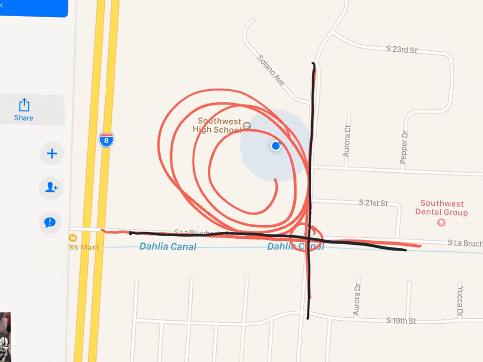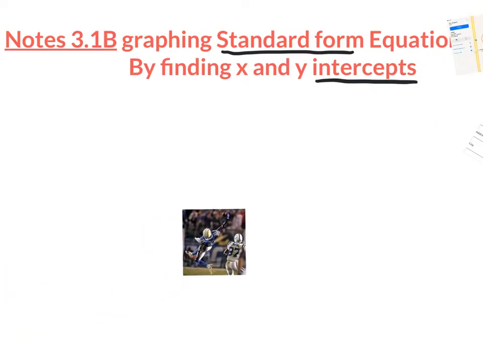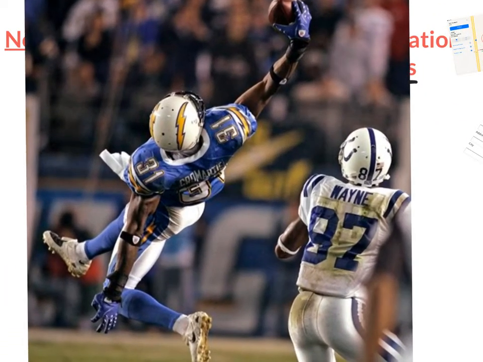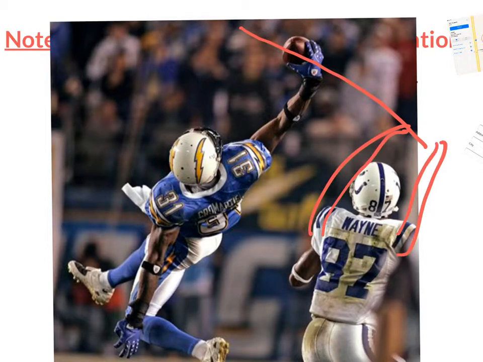Or if you think about an interception in football, right? An interception in football. The ball is going to a certain player. The quarterback throws it to a certain player. So the ball's coming. It's supposed to land in this guy's hands right there. Those are ugly hands, yeah. But anyways, this guy reaches up, intersects the path of the ball, and he intercepts it, right?